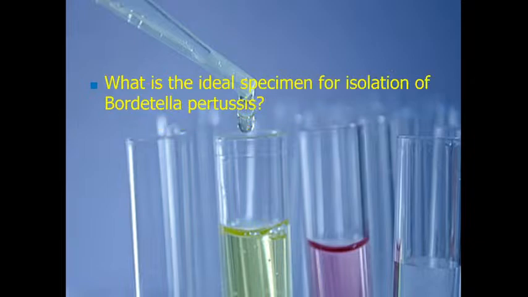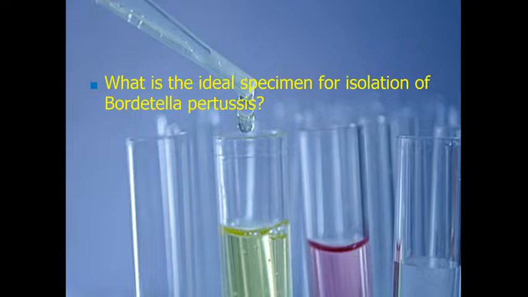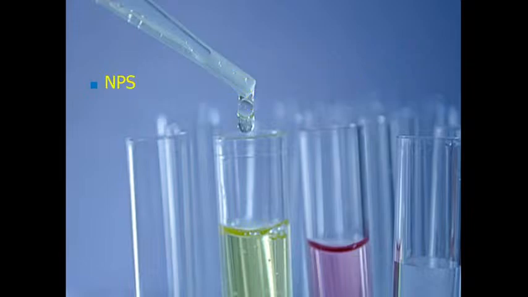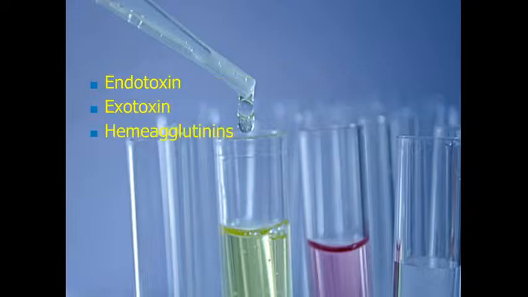Because it has something to do with cough, it is ideal to get nasopharyngeal swabs. The pathologic determinants of Bordetella pertussis include an endotoxin and an exotoxin, as well as hemagglutinins. See? It can also clump blood.